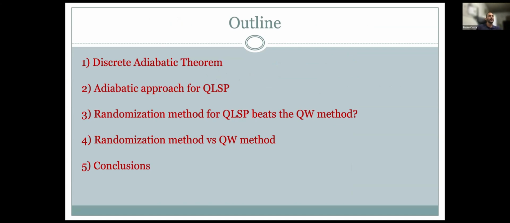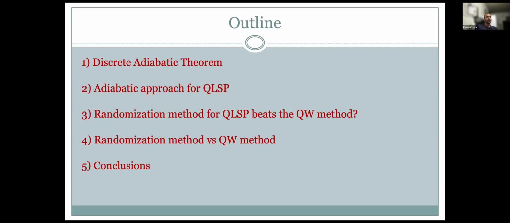So here's the outline of the presentation. I'm going to quickly go over our latest results, the discrete adiabatic theorem used to solve quantum linear system problems. Then I'm going to show the general procedure to solve linear system problems using the adiabatic approach, and how to do it in the discrete version.